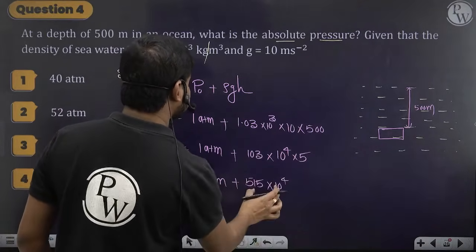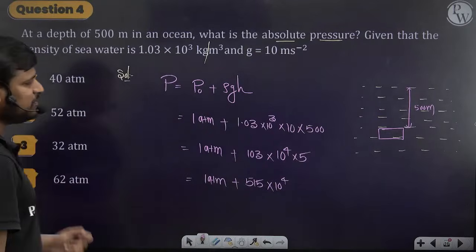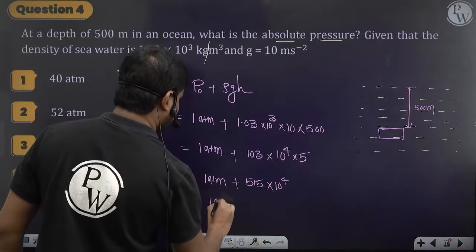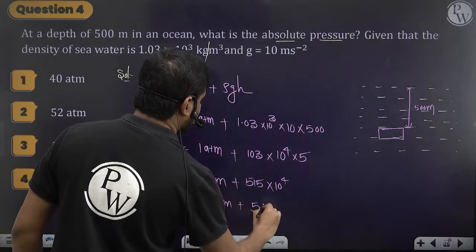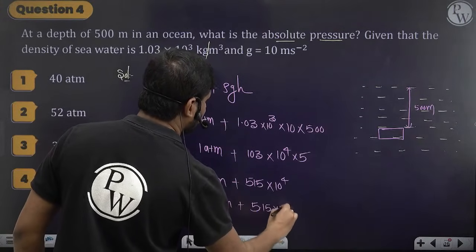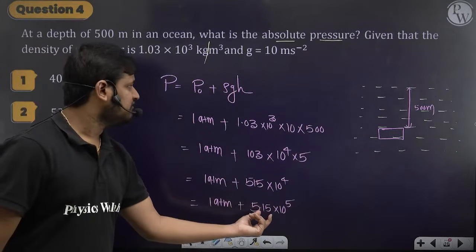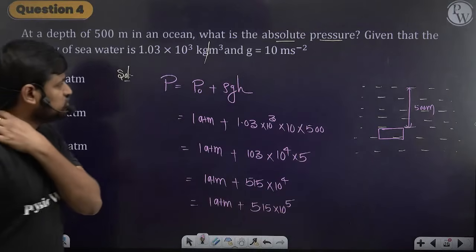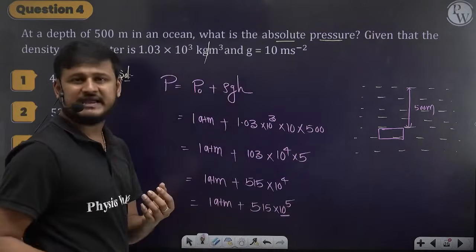So this is not in atm, but the answer should be in atm. See here, what I will do is let me write 1 atm plus 5.15 into 10 to the power 5. Now 10 to the power 5 is nothing but 1 atm.